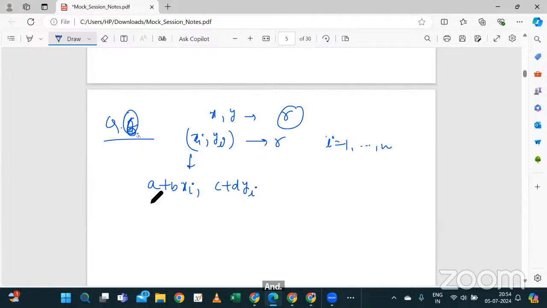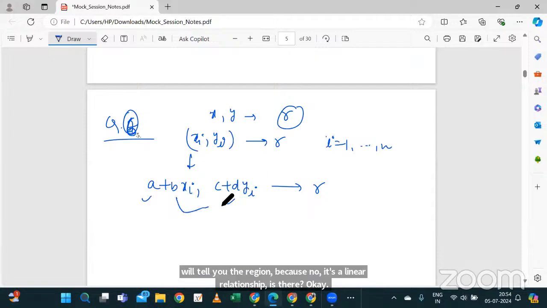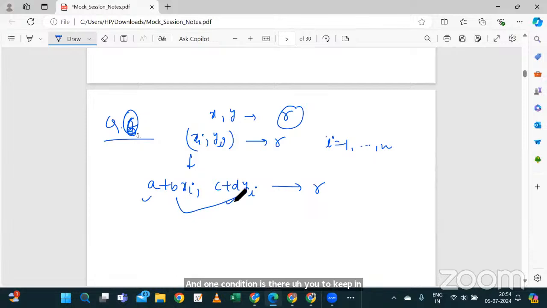What will be the correlation coefficient for this data set? Actually, this will again have correlation coefficient r, because a linear relationship is there. One condition you have to keep in mind: b and d should have the same sign.